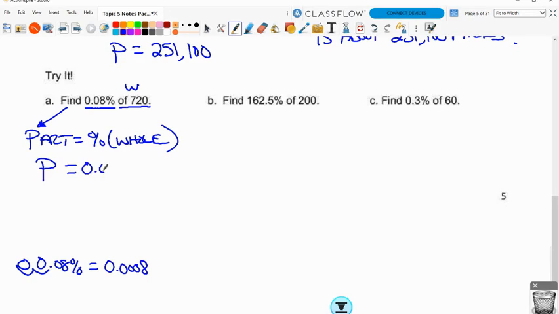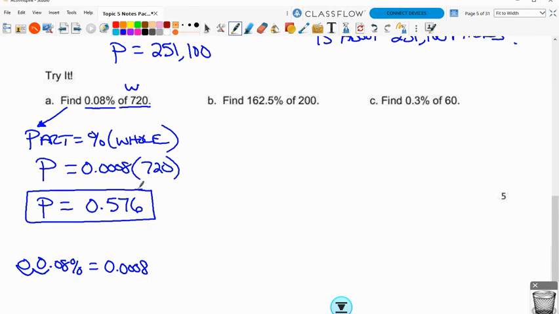So that's what we're going to put right here in the percent spot, times the whole value, percent of 720. 720 represents the whole value. So now when we punch this into our calculator, 0.0008 times 720 gives us an answer of 0.576. Okay, so 0.576 is 0.08% of 720.